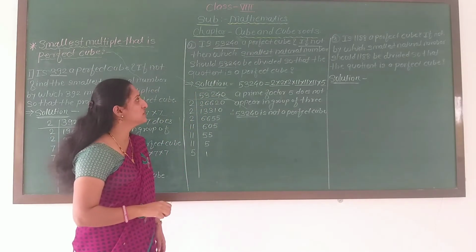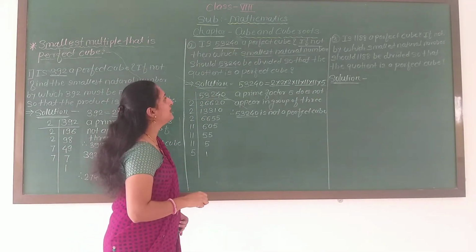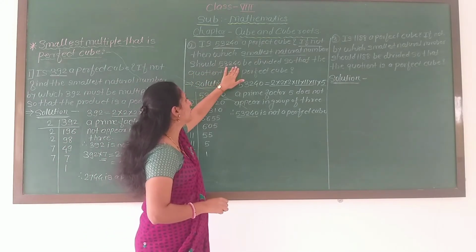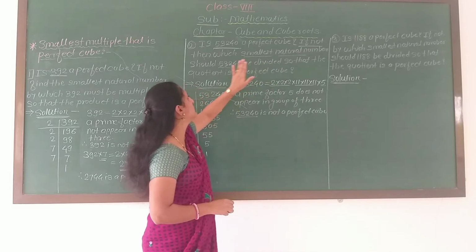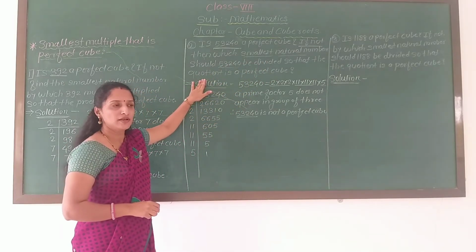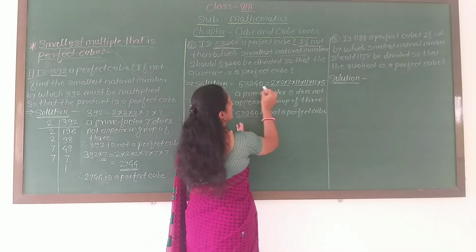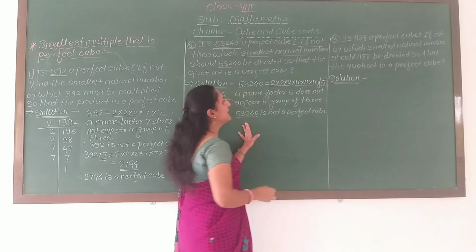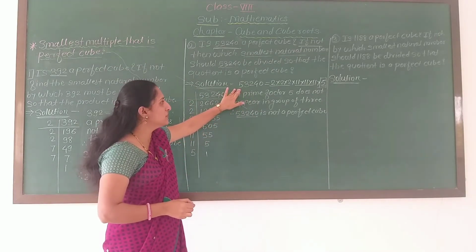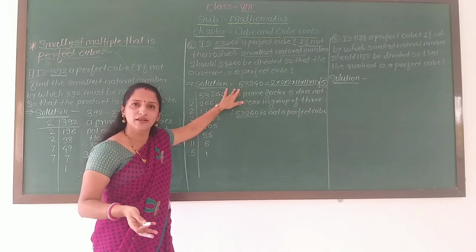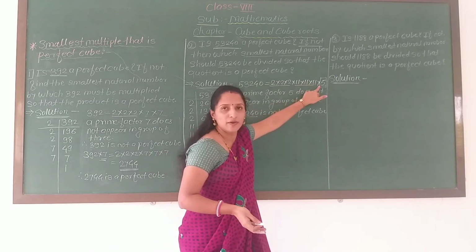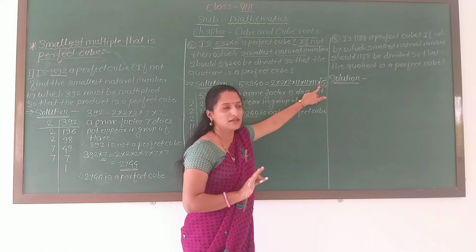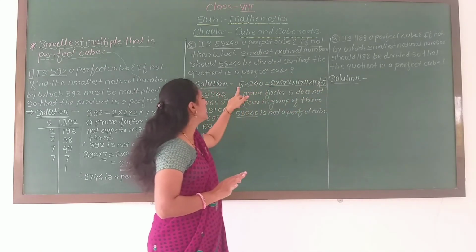Now what is our second question? We have to find the smallest natural number by which 53,240 should be divided so that we get a perfect cube number. Since there is no triplet for 5, only one 5 is in the prime factorization of this number.